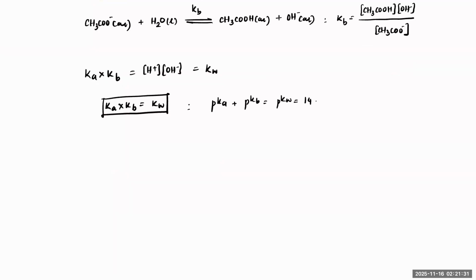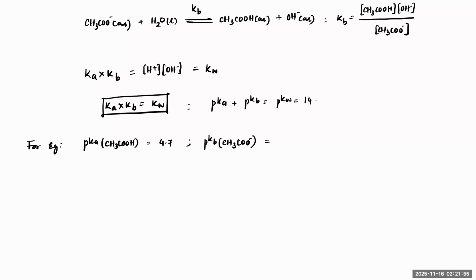For example, the pKa value of acetic acid, that is CH3COOH, is 4.7. Then what will be the pKb value of acetate ion? Acetate ion is CH3COO minus, which is the conjugate base.